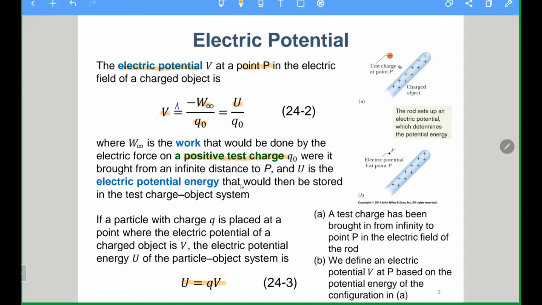So this is the potential energy, and this is the electric potential.